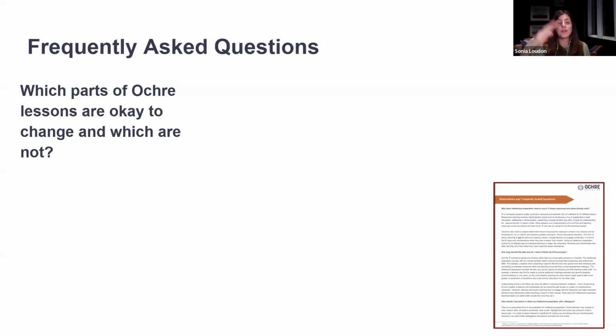You'll also notice those difficulty gauges for students. So you might say, okay, I actually need lots more of those challenge questions. That's all great and fine. What I would say though is the Ochre lessons are based on, I think, really strong evidence based instruction and explicit instruction.